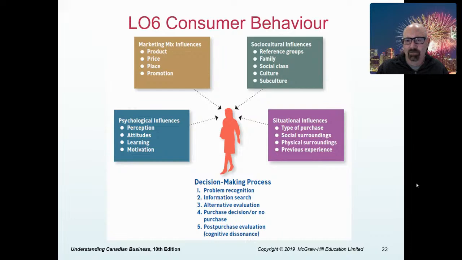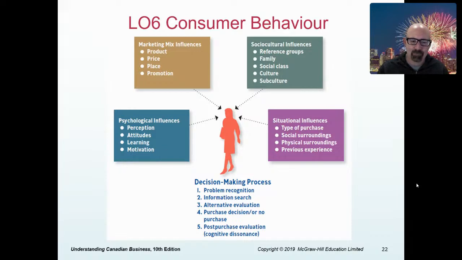Right? If all of my peers buy Mercedes and I buy a Toyota, how's that going to look? Reference groups can have a huge impact on decision making. Our family. What has happened within our family? How does our family behave? Right?